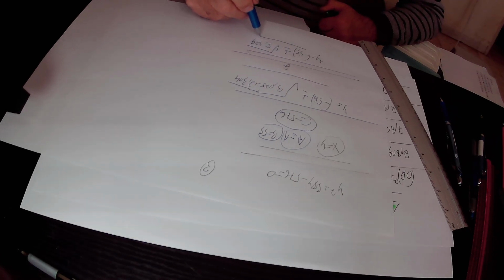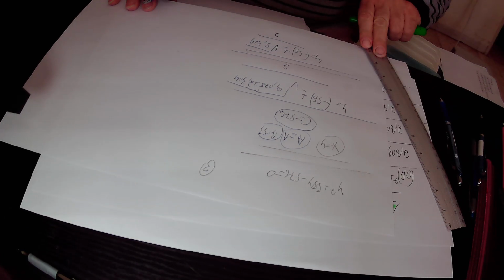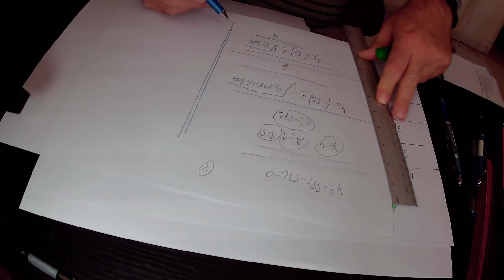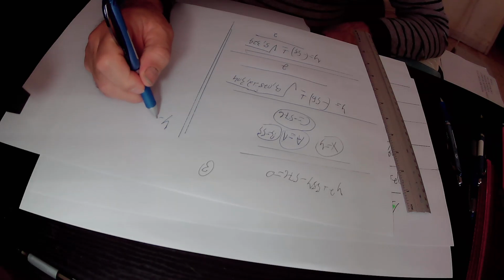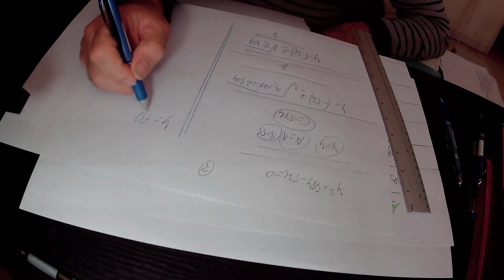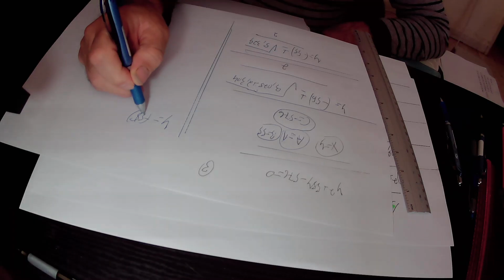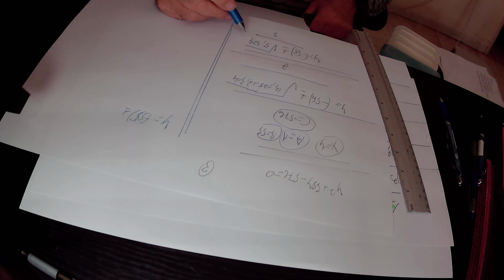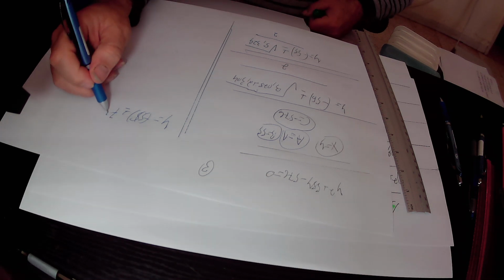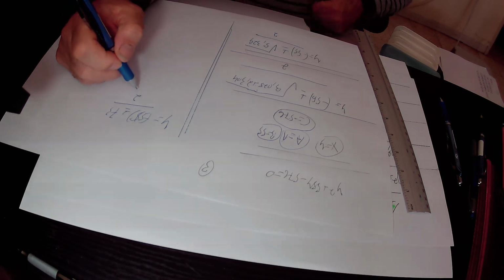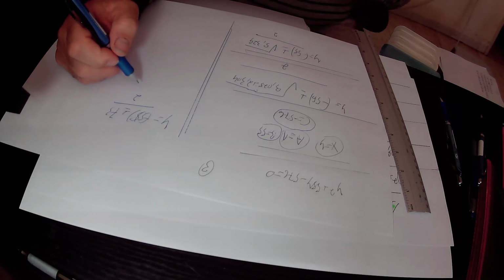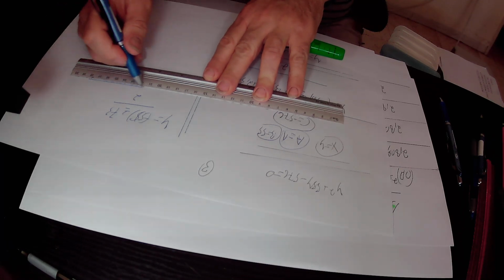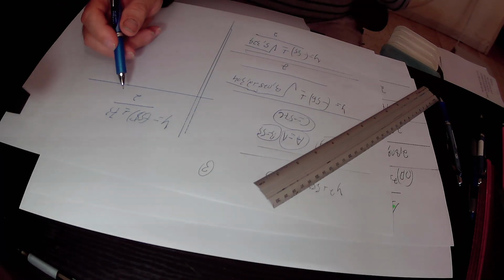So we found that y equals minus 55 plus or minus, and the square root of 5329 is 73, over 2. So y equals minus 55 plus or minus 73 over 2.